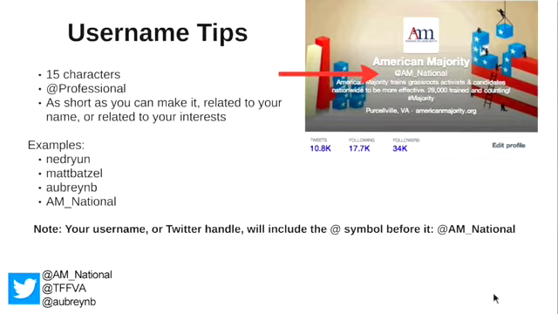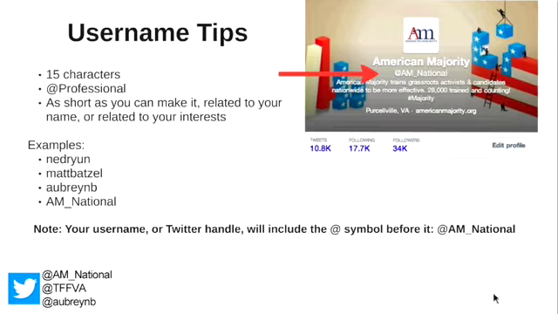When you're choosing a username, you want your name or the name of your organization. Unfortunately, American Majority is one letter too long, so we decided to go with AM_national. Fifteen characters is the max, and I put here @professional. Basically, you do want a professional username, something that people can remember and easily identify as yourself.